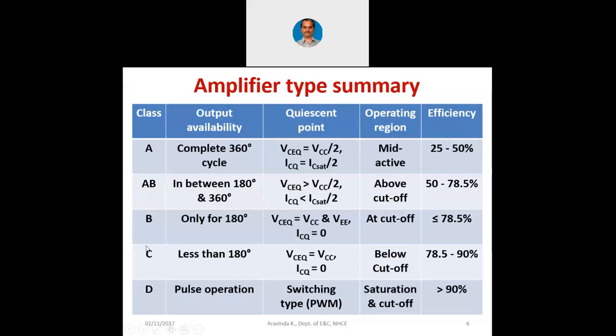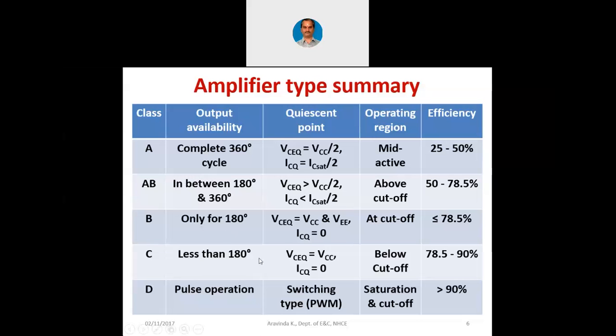Now in the case of class B, VCEQ equals VCC and VEE, ICQ is 0. In the case of class B, when the signal is absent, the transistor is not working at all, or when the signal is present also, only for one cycle it is working, for the other cycle it is not working.